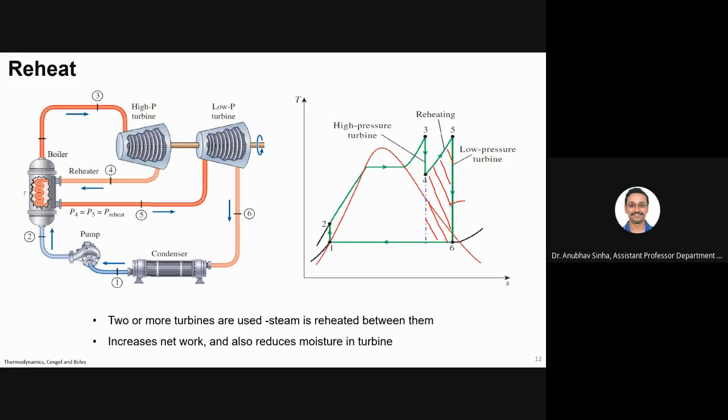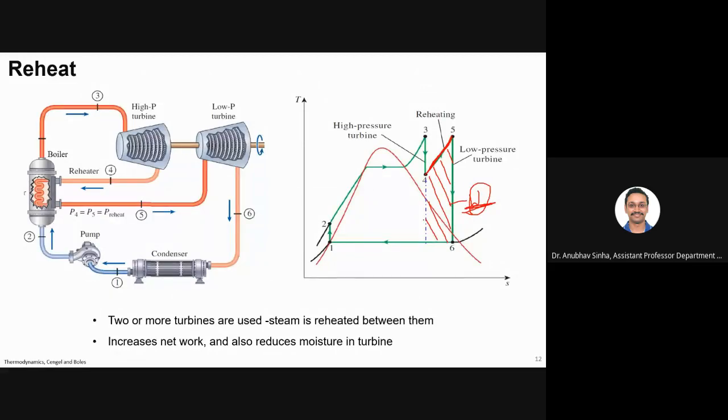So this much work has increased and this much amount of heat has increased. This is the additional heat that we require, and this is the additional work that we get using this reheat. So overall, if you look at examples, or if you get these numbers, you will see that this is relatively more.